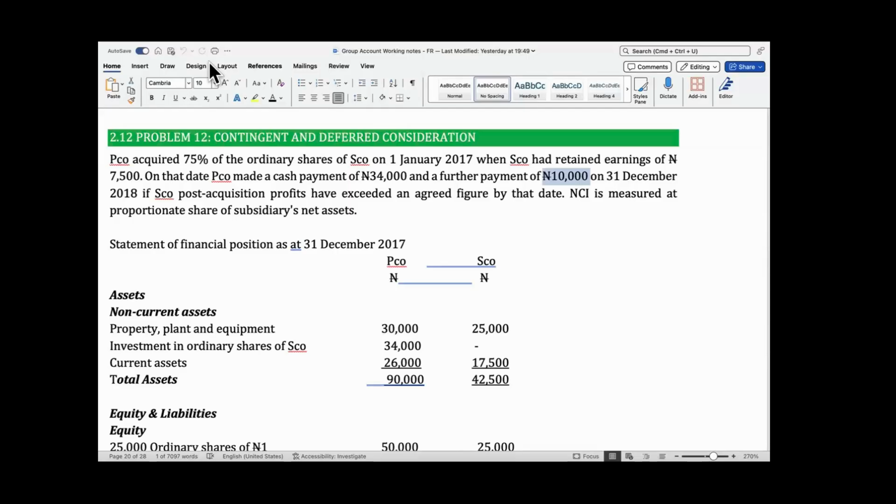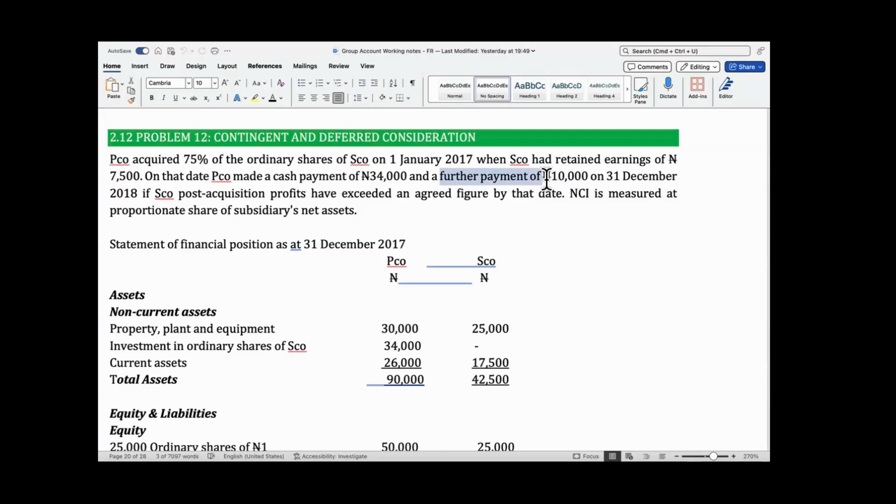Is it a financial liability? So a financial liability is a contractual obligation to deliver cash, right? Yes, sir.